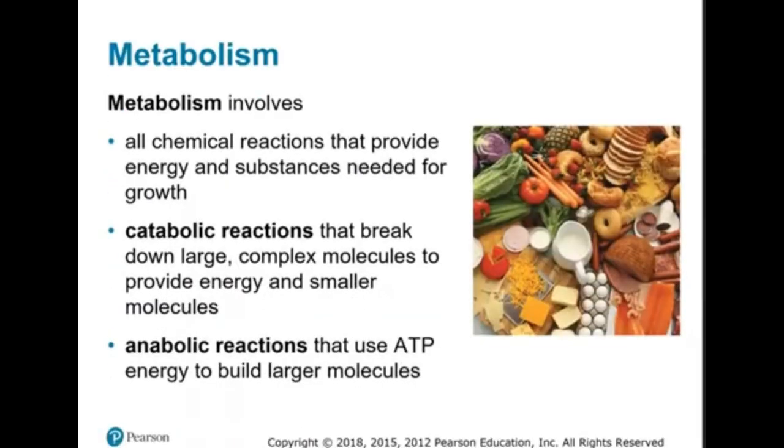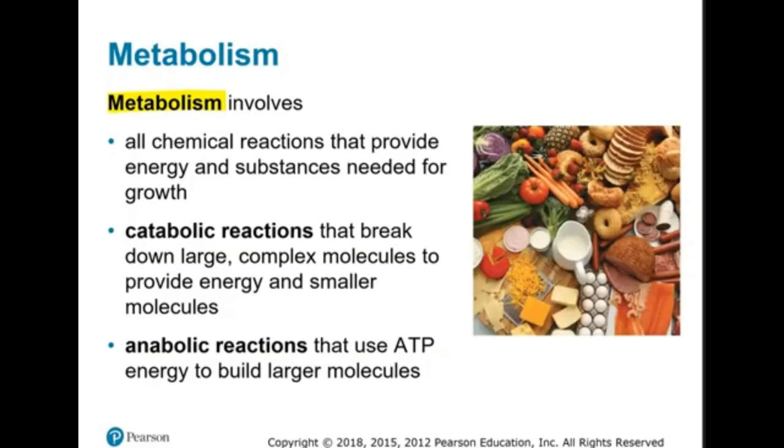So the term that is used for all chemical reactions in the cell is metabolism. Okay. Metabolism implies all chemical reactions, not just ones that provide energy in substances.